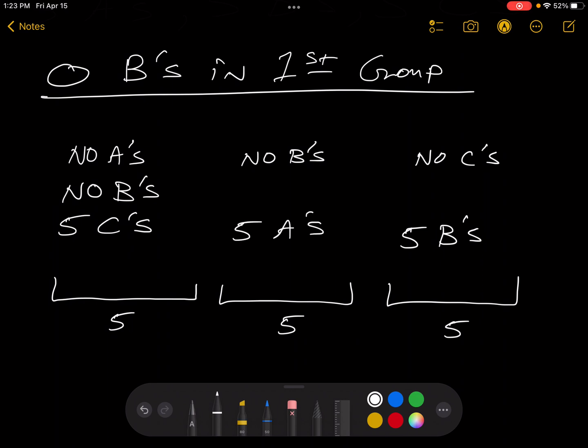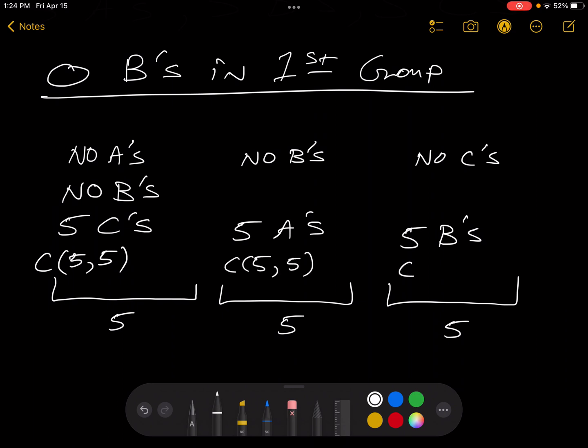So now the way to think of it is in this first group of 5 letters, how many choices do we have for the things that can go there? So we're going to do C and R. We have 5 positions, choose 5 of them to be C's. Here we have 5 positions, choose 5 of them to be A's.